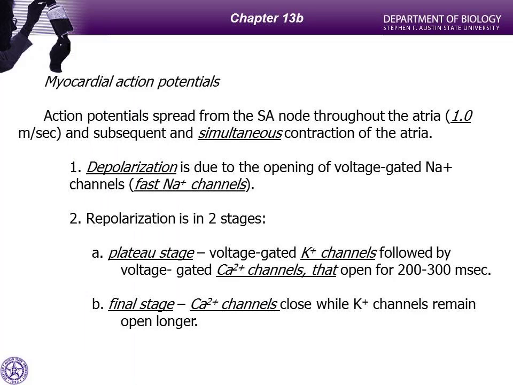And so these are your myocardial electrical potentials. We start with depolarization. SA node cells use voltage-gated calcium channels. Here we're going to use voltage-gated sodium channels, just like we saw in our neurons. But we're going to see a little difference in our repolarization.